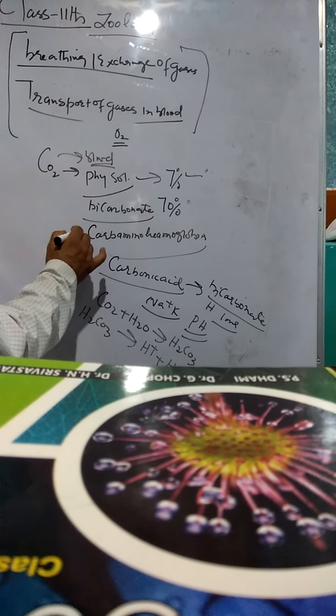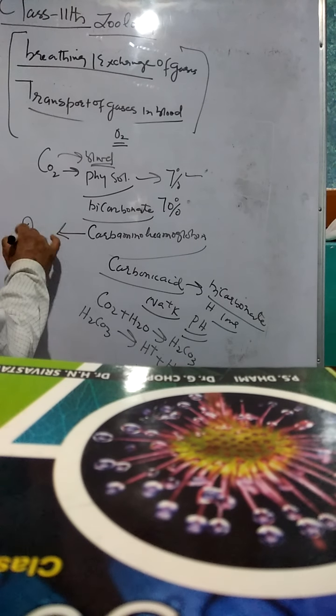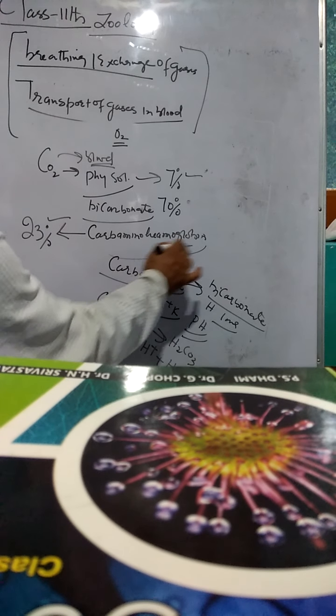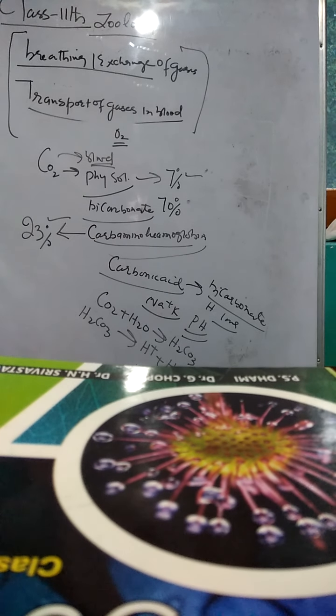Then the third form in which carbon dioxide is carried is with the RBCs. There is a very low percentage of carbon dioxide that is carried through this form. About 23% of carbon dioxide is carried by carbaminohemoglobin.